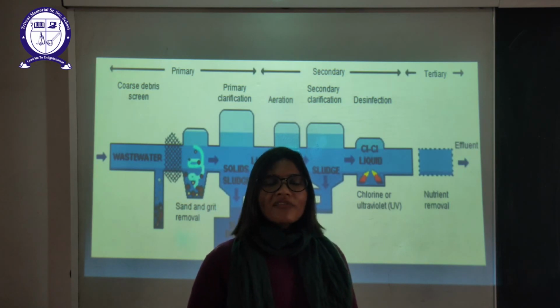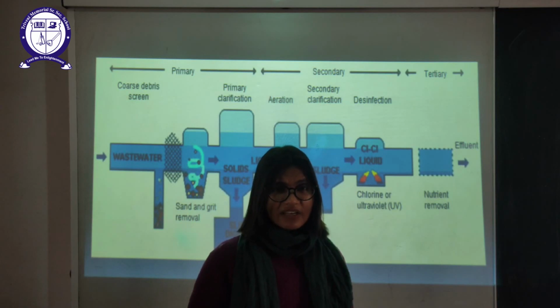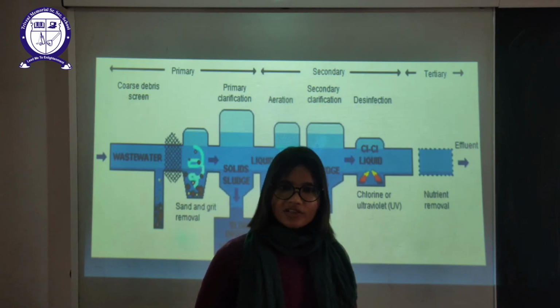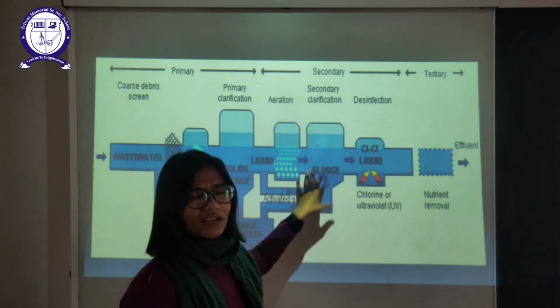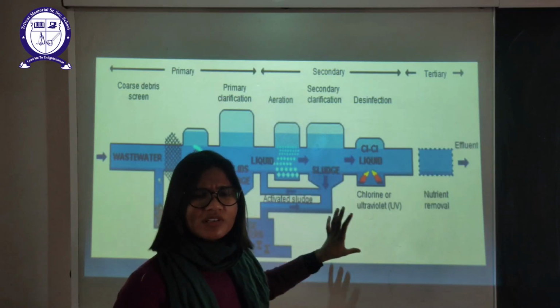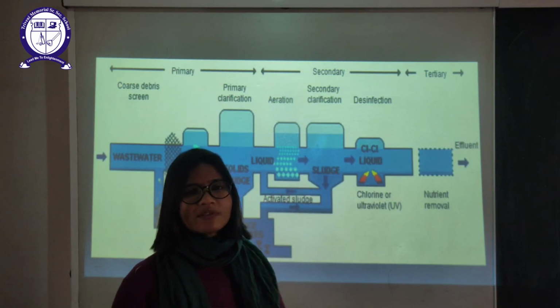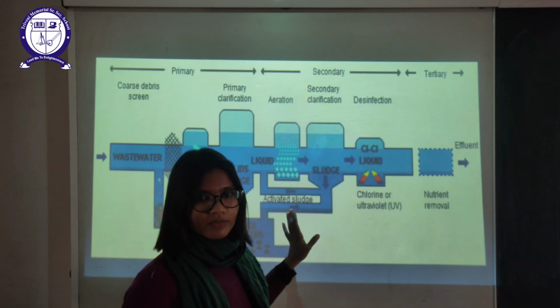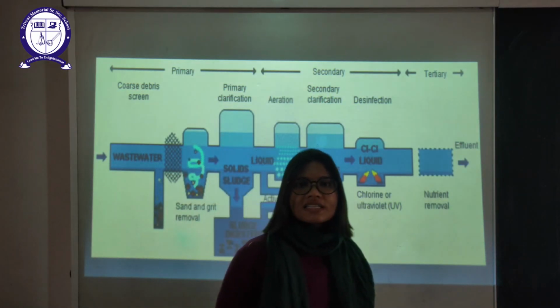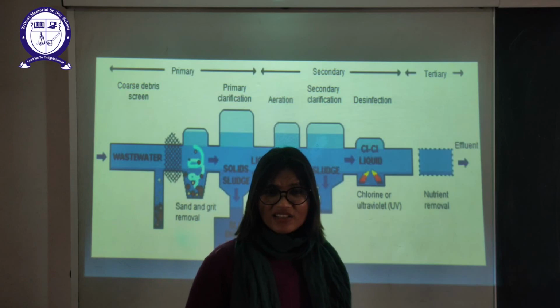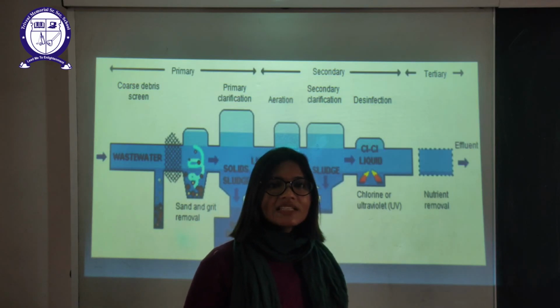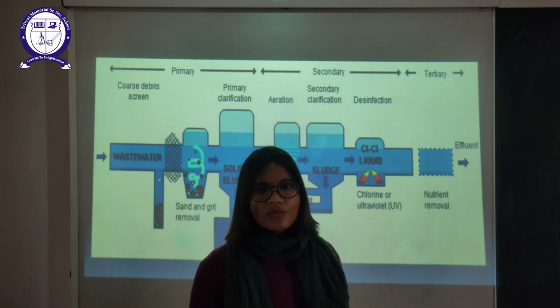So for the functioning of anaerobic bacteria, we need to cut off the supply of oxygen. So in the second tank, the same process is going on, just in the absence of oxygen, because some organic matter needs to be digested in the absence of oxygen and some in the presence of oxygen.